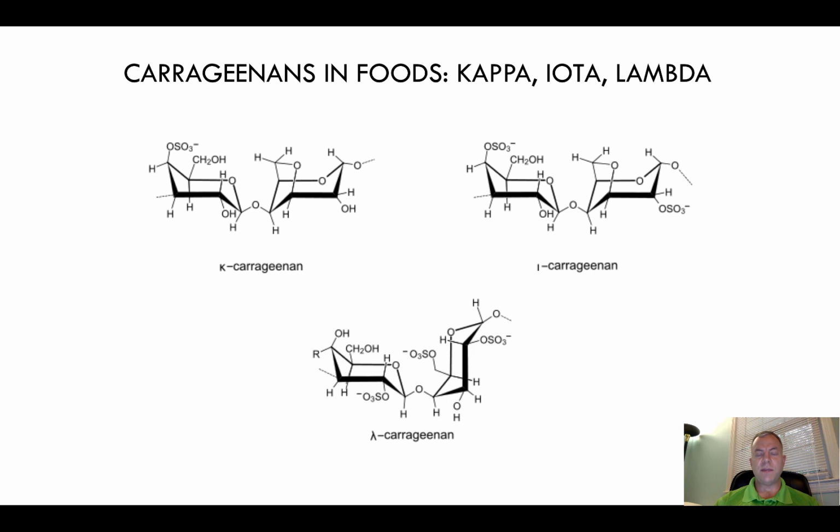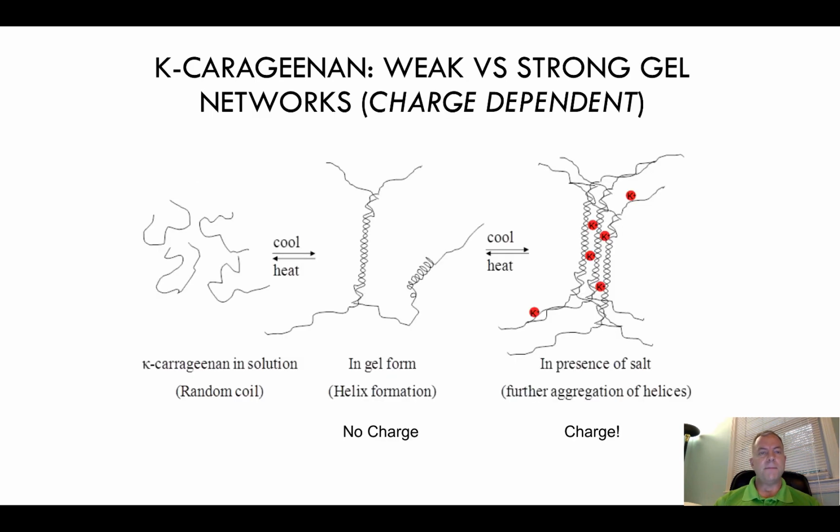So these are the ones that we focus on primarily. And Kappa Carrageenan is interesting in the sense that we can make either weak gels out of it, a weak network that can trap water, or we can make a strong gel out of it, depending on how we treat this and what we introduce into the mix.